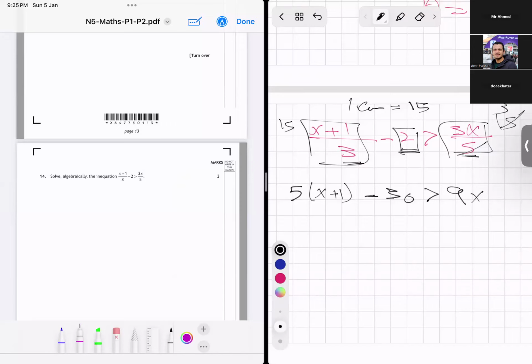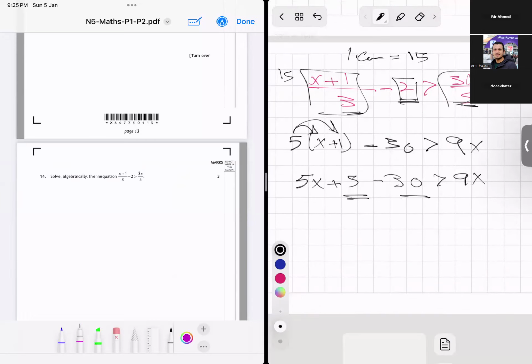But I haven't finished yet because we still need to distribute this part, right? Okay. 5x plus 5, minus 30, greater than 9x, right? So what should I do?